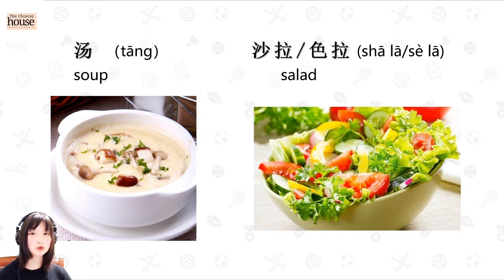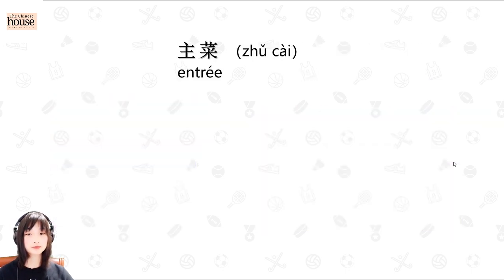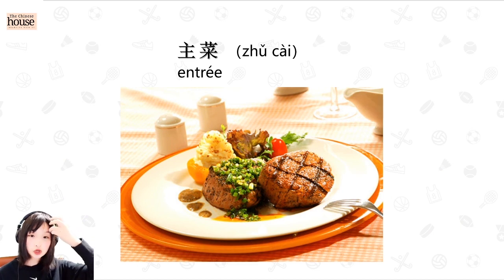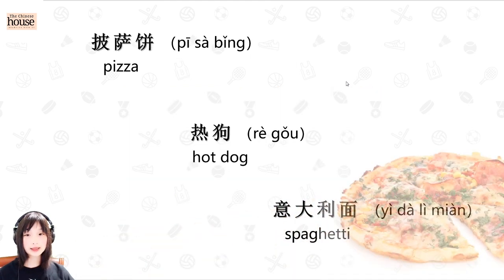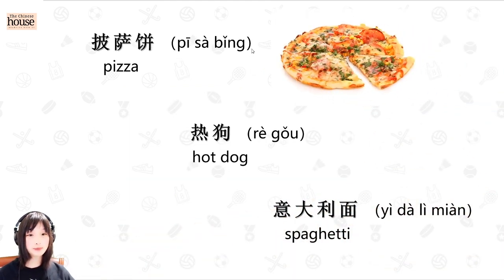This is just some translation difference. 沙拉, 色拉. And then entree, 主菜. 主 means main, 菜 means dishes. 主菜. And then pizza, 披萨饼, or you can just literally call it 披萨.